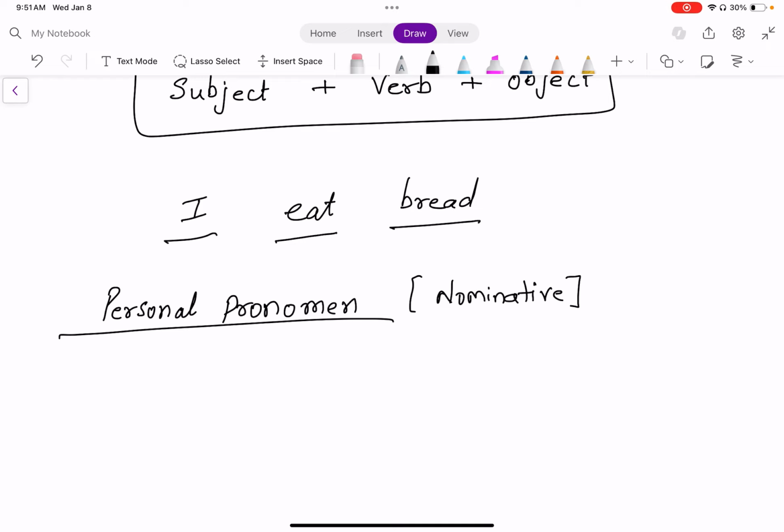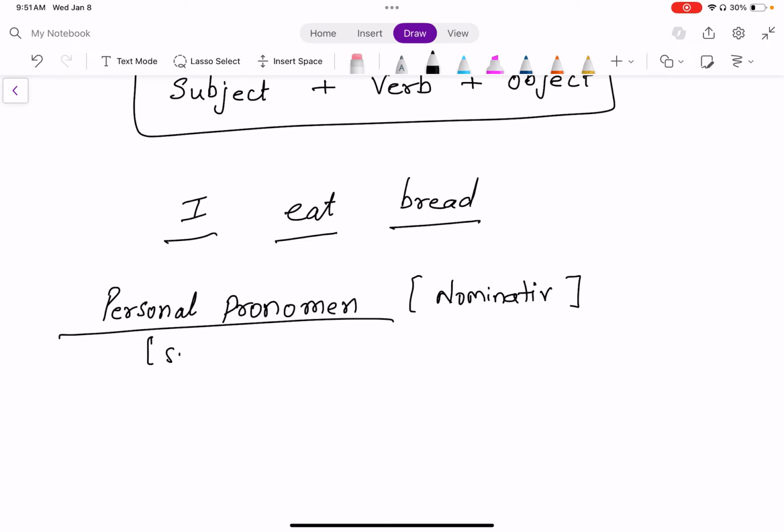I will explain in the upcoming lectures what this nominative is. Don't worry about it as of now. These are basically the case systems, and we will understand case systems more clearly in upcoming lectures. So personal pronomen, these are subject pronouns.